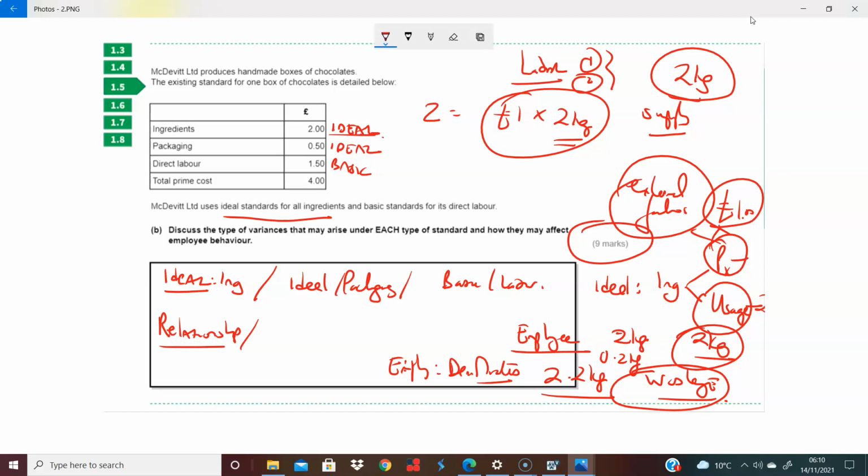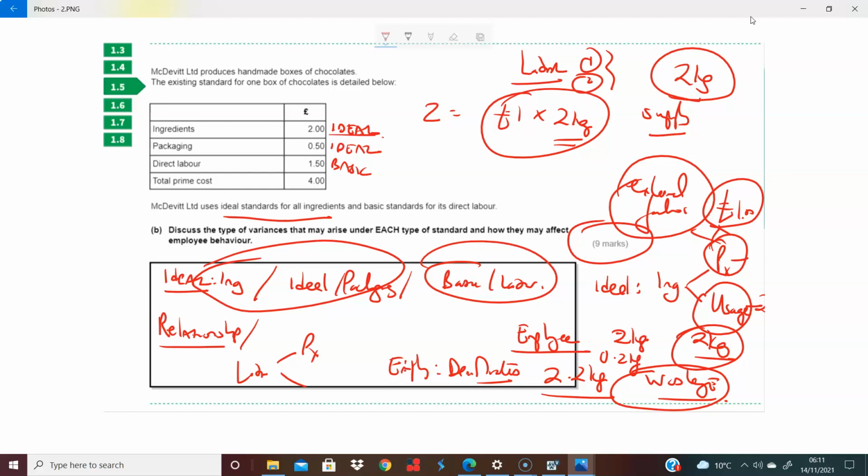So you can see there's a relationship between ingredients and packaging and labor. If your labor force is not as qualified, the issue is that with labor we have price and efficiency. Generally, if you're getting cheaper labor, they are likely to be less experienced, so will need more time to understand how they work on the product, and will also end up being inefficient.